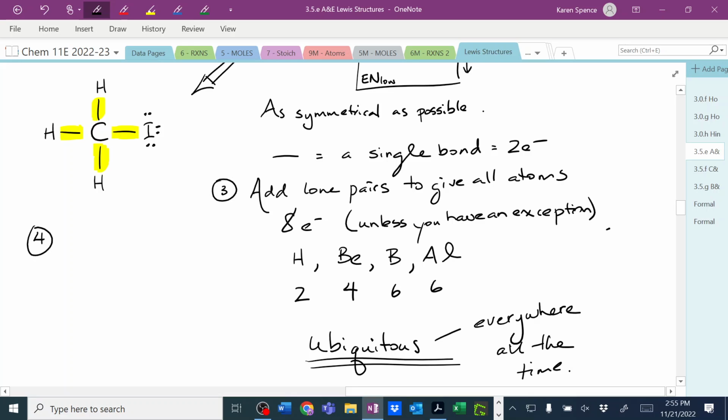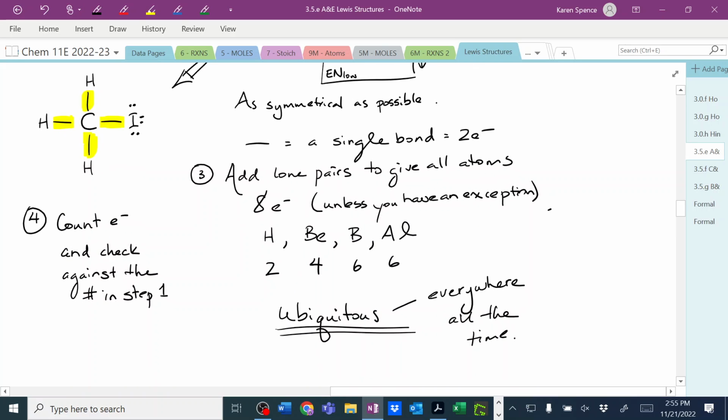Step 4, we're going to count and check the number of electrons. So we're going to count the electrons and check it against the number in step 1. So you can just go around and tap on them and be like 2, 4, 6, 8, 10, 12, 14.